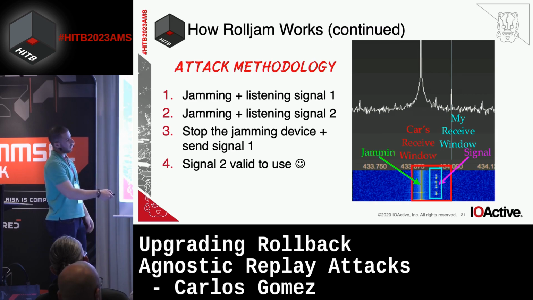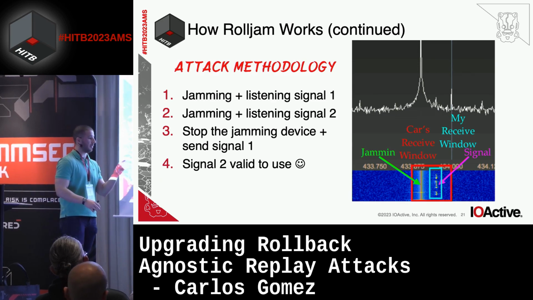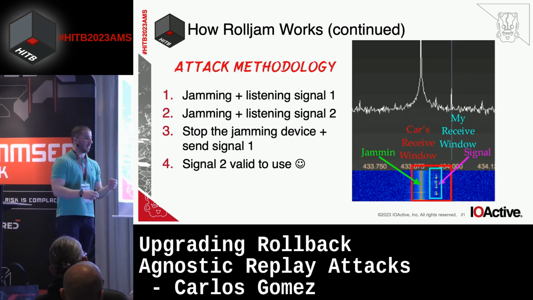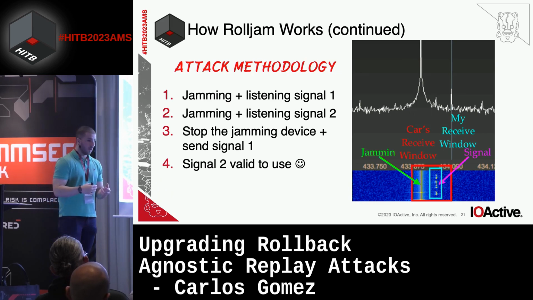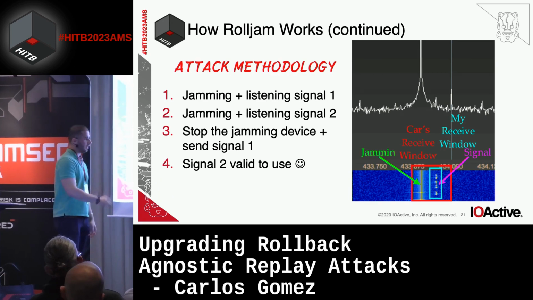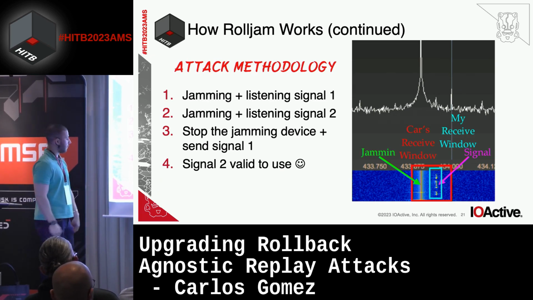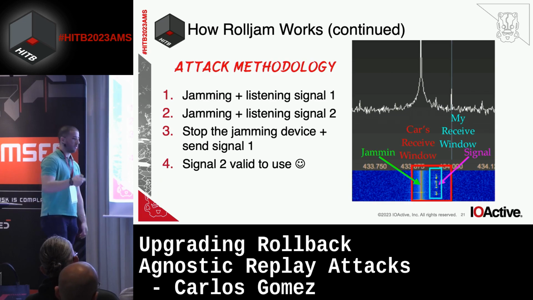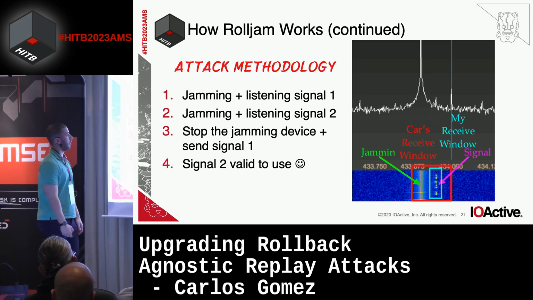It's really important to have a small window to receive, like I said, because if we are jamming at the same time and the same frequency that the key fob is working, we need to be able to capture the code in a scenario where a device is generating so much noise on the signal. It's the tricky part here. And if everything goes perfectly, you have a second valid code to use in the future, and you have a new car and you can go home with your new Lambo.